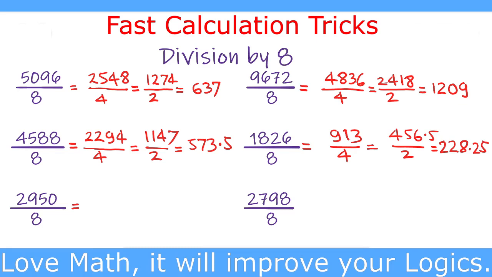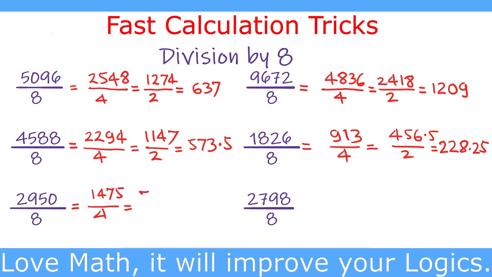We go to the next question, 2950 divided by 8. Half of 2900 is 1450 and half of 50 is 25. So 1450 plus 25 is 1475 divided by 4. Now we further half 1475. Half of 14 is 7 and half of 75 is 37.5.